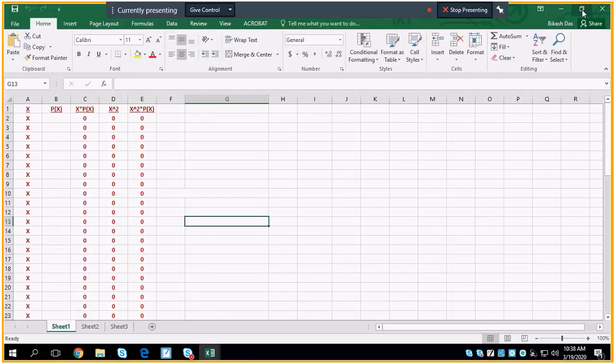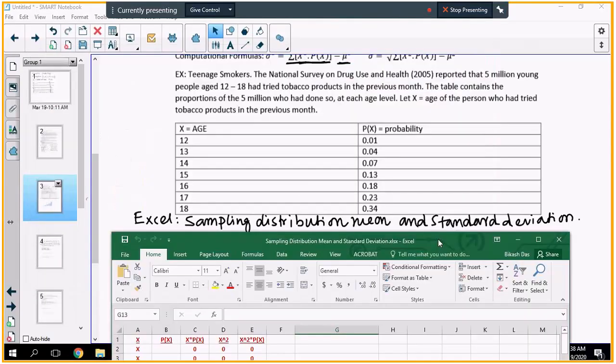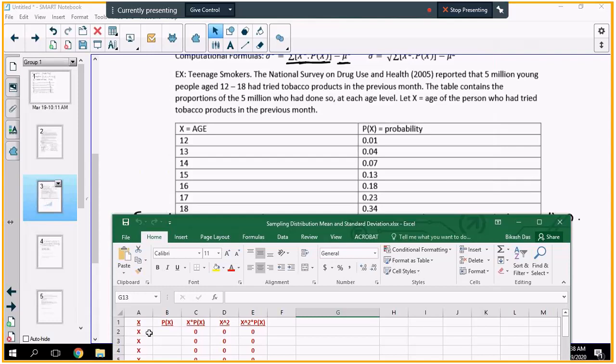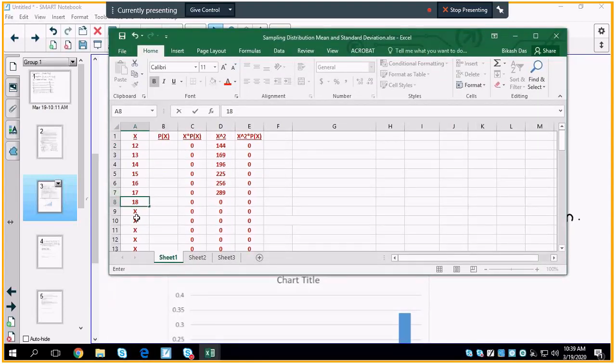So let's see. Remember what I told you about inputting information. First, you will start with row 2 in column A and put the random variable values: 12, 13, 14, 15, 16, 17, and 18. I will leave the rest of the rows with the x's.